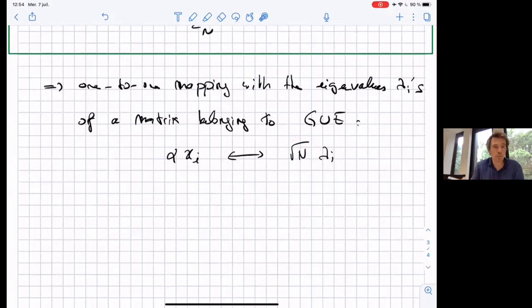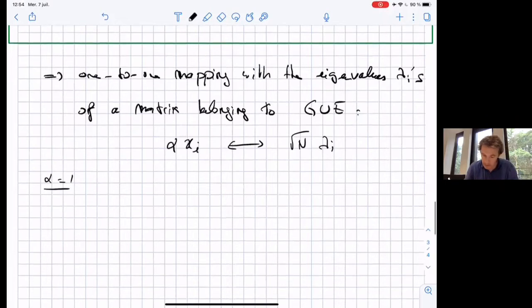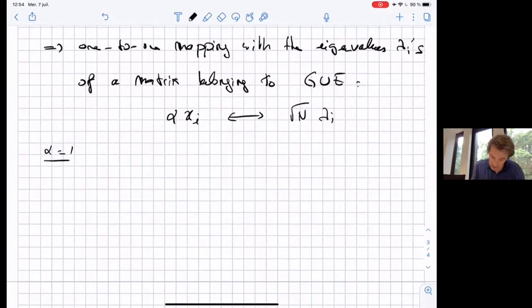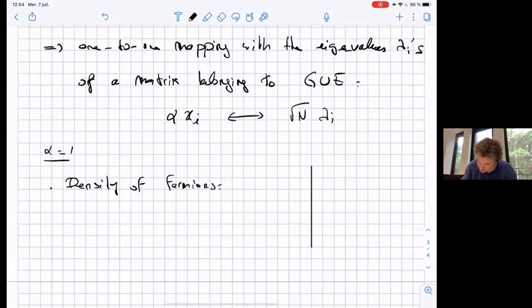So let me put alpha equals 1 from now on. I mean, it will be slightly easier. Okay, so if I look at the density of fermions, well, we know what it will give. It will be again the Wigner semicircle.